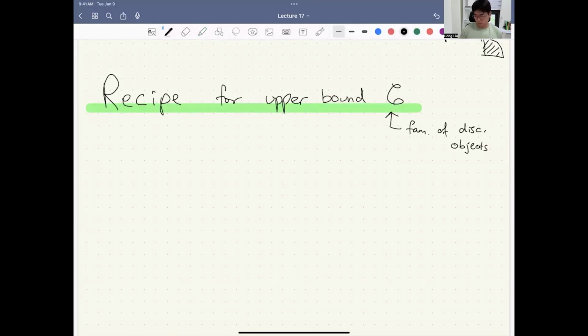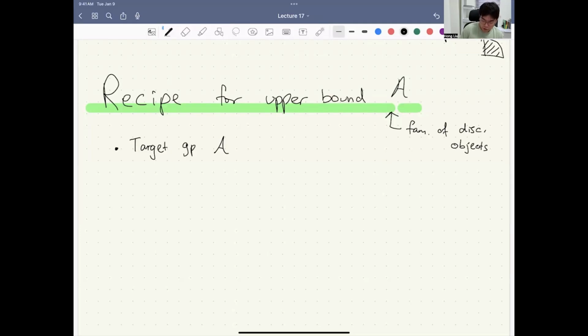Okay, I actually use A, so let me change this. Suppose we want to bound some family A, a family of discrete objects. The target group is A that we want to bound.